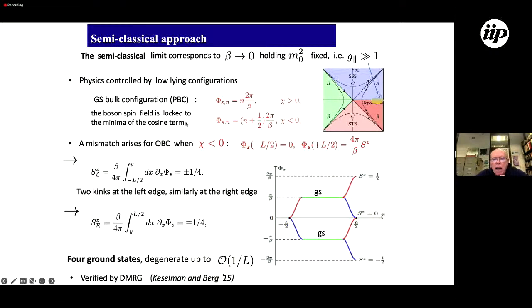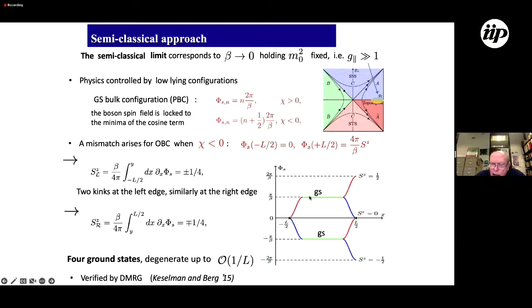And here, when I take now the semi-classical limit, beta goes to 0, the ground state has to be at a value to minimize the cosine at pi over 2. But the boundary condition forced the field to twist either to 2 pi over beta or to 0.